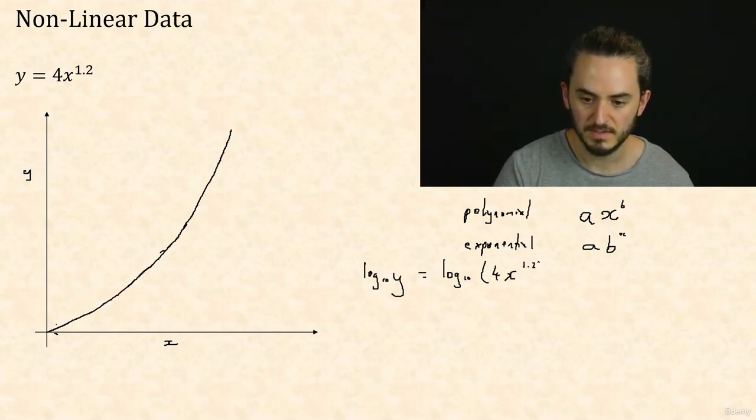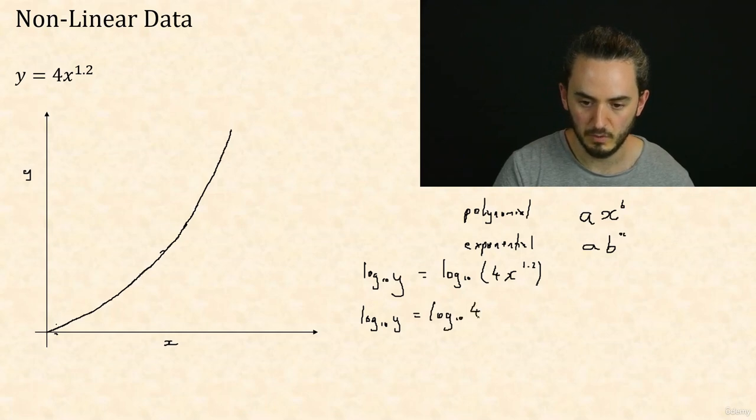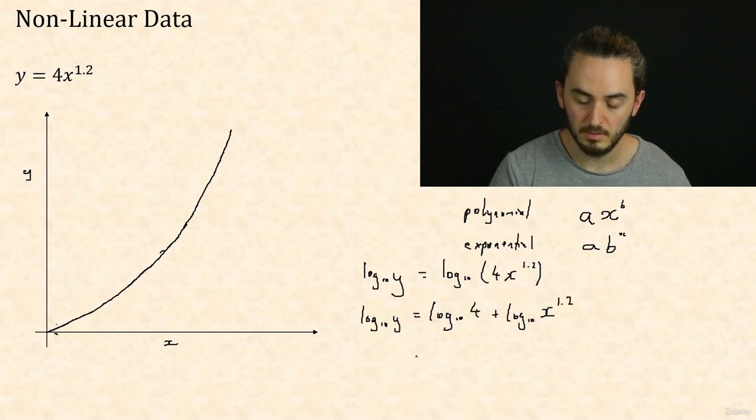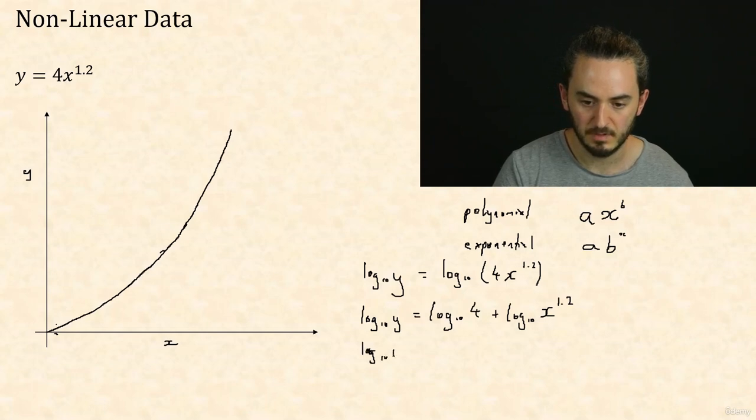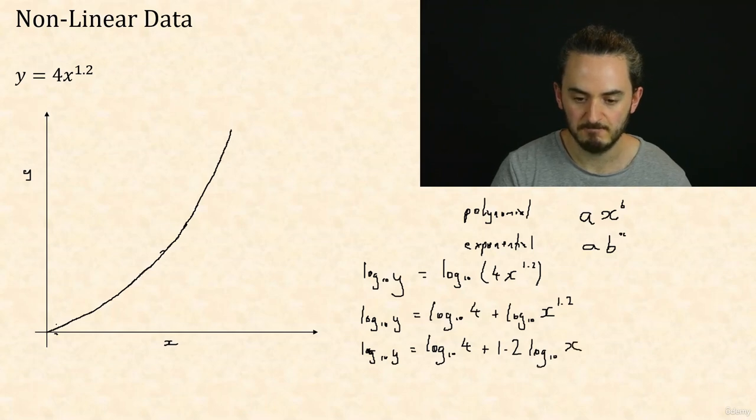Now, using some logarithm laws, I can see that the right-hand side can be split up into log base 10 of 4 plus log base 10 of x to the 1.2. One little extra step of log laws is that my power of 1.2 can be brought down to the front. So log base 10 of 4 plus 1.2 log base 10 of x.